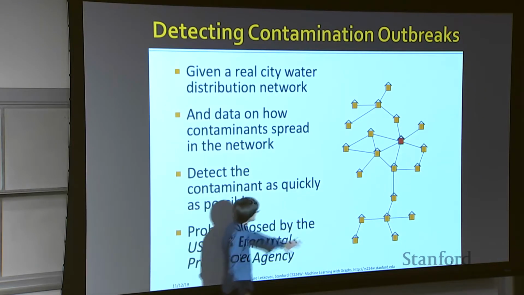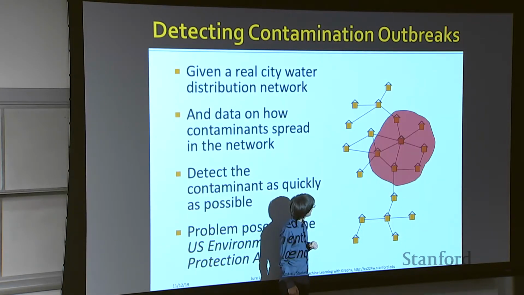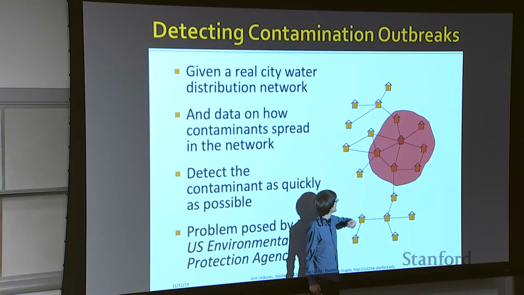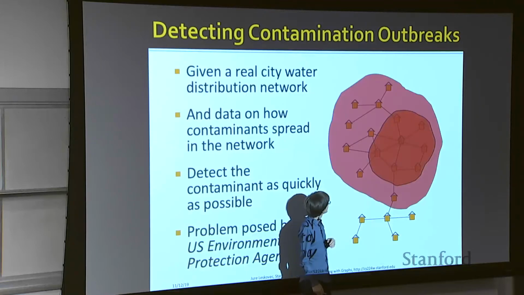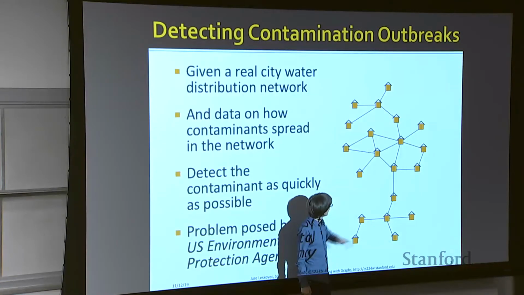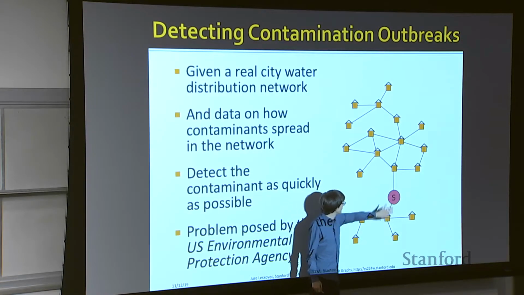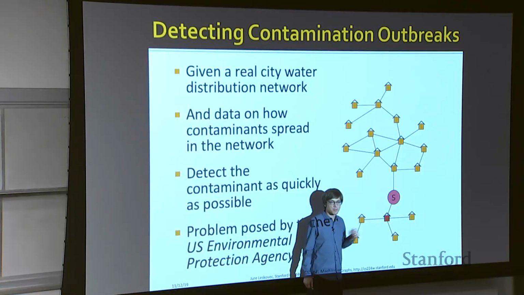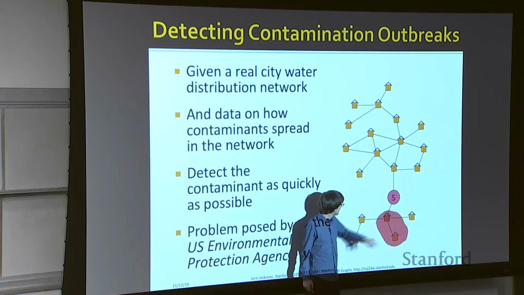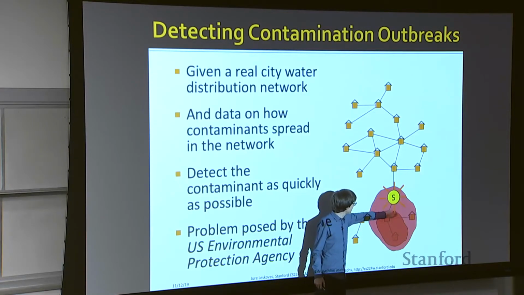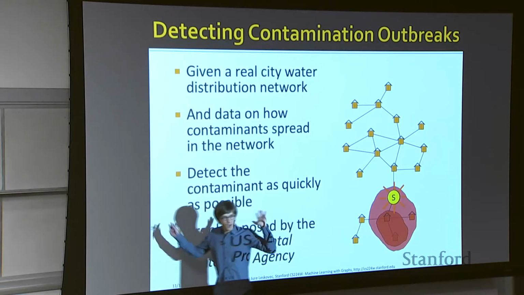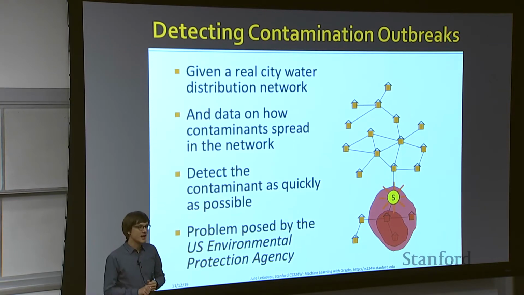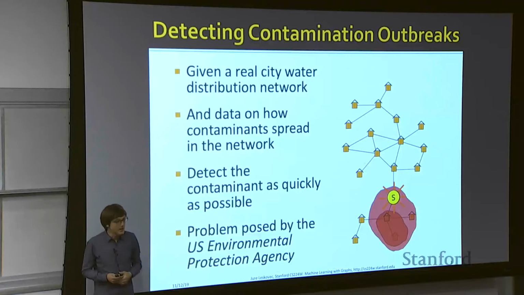So if I have a network, perhaps there could be an outbreak, a contamination starting at one site and spreading throughout the network over time. If I decide to place a sensor here, and a contamination starts at this house, it would spread and spread, and as soon as it hits my sensor, I raise an alarm and say, stop, something is happening.